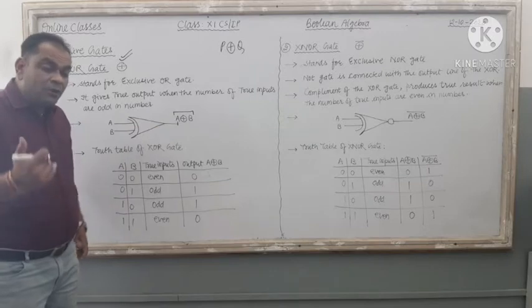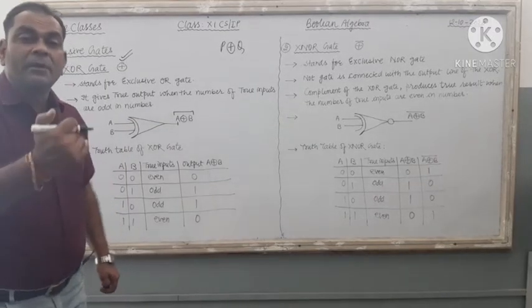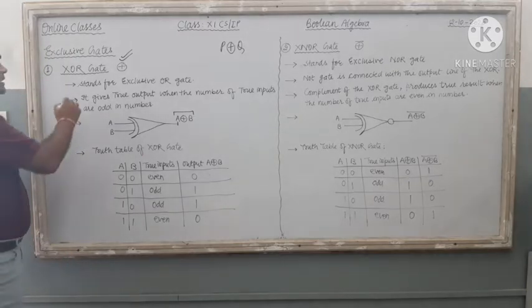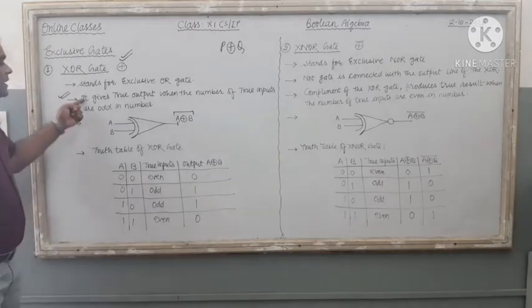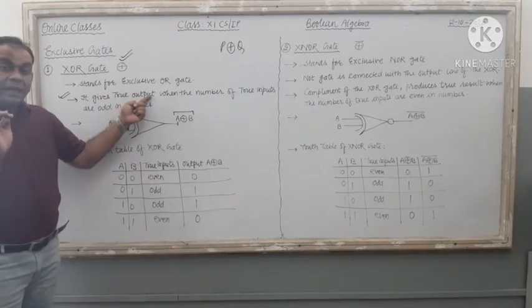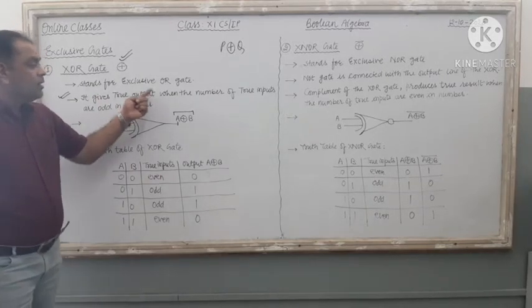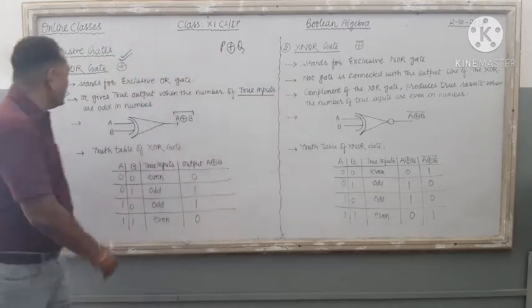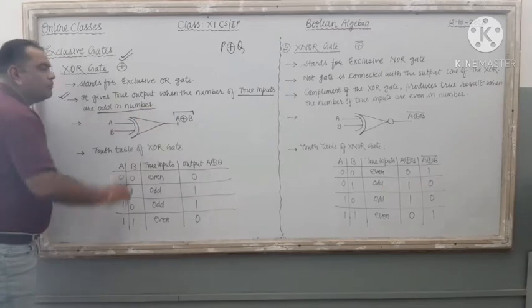Right? Now, if we talk about the methodology in this particular gate, just check this point. It gives true output. True means 1. It gives one output when the number of true inputs is odd.